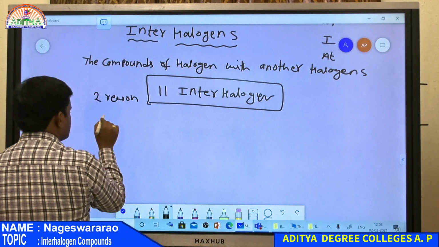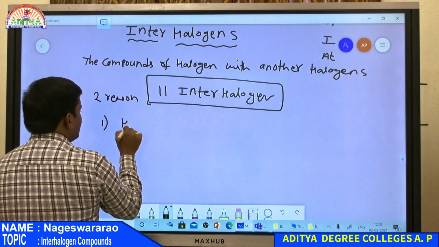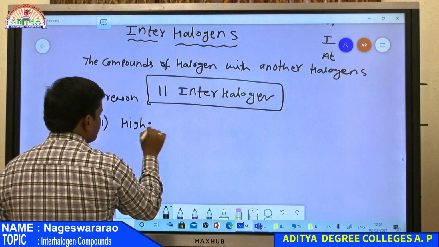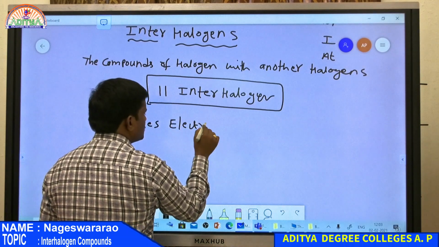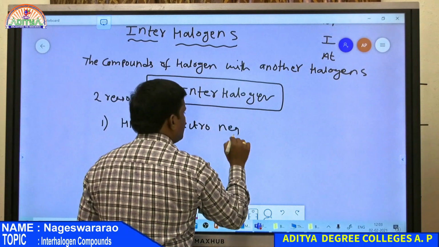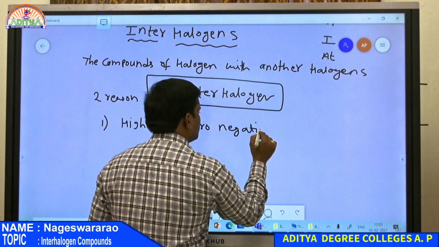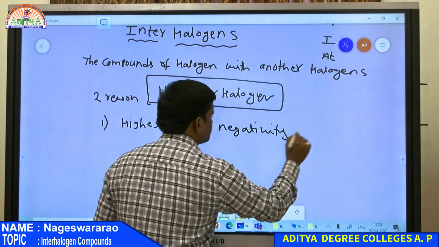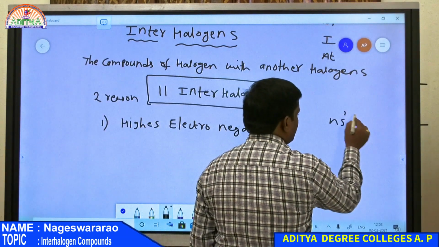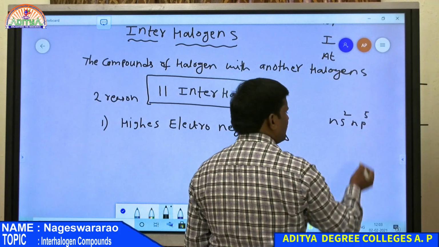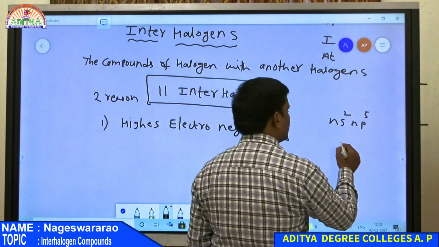The first reason is halogens have the highest electronegativity. No element has greater electronegativity than halogens. Halogens have ns2 np5 configuration, so they always have a tendency to gain 1 electron.